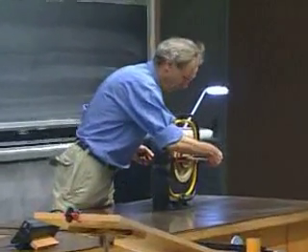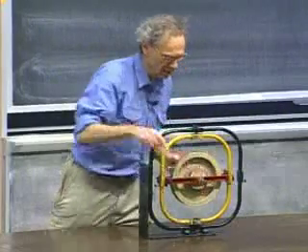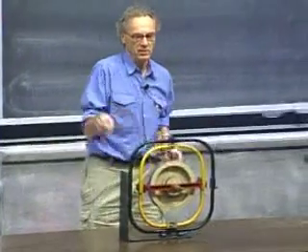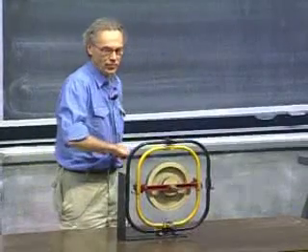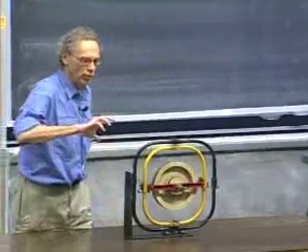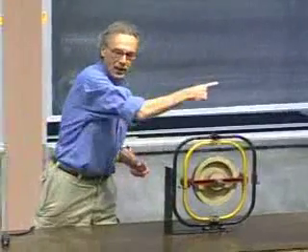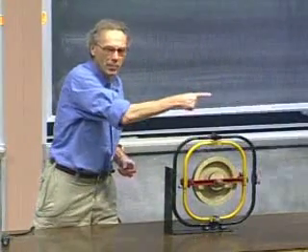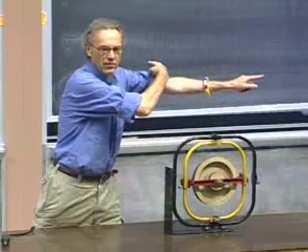So the wheel is spinning, but now I'm going to put a torque on it here. It is spinning in this direction. Angular momentum is pointing straight at me, away from you. I'm going to put a torque on like this, putting a weight there. Torque will be in this direction. What will the spin angular momentum do? Torque is in this direction, spin angular momentum is in this direction.